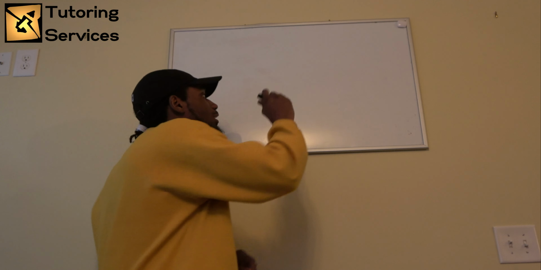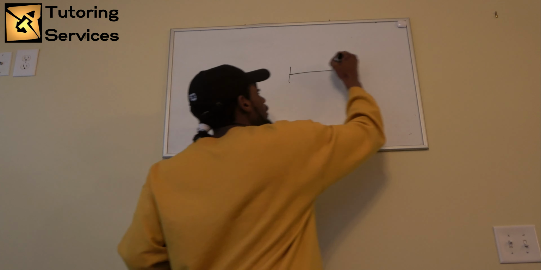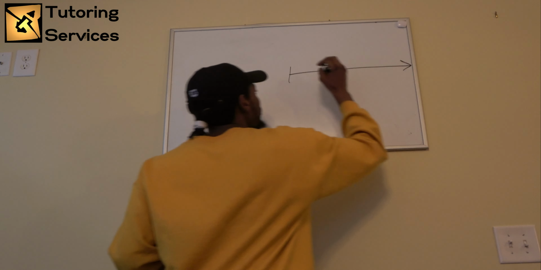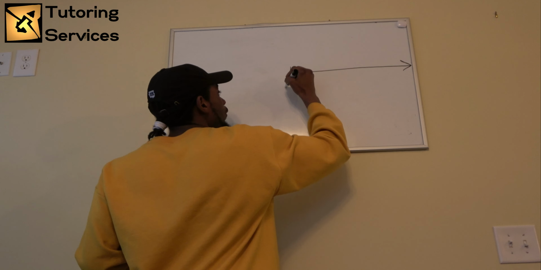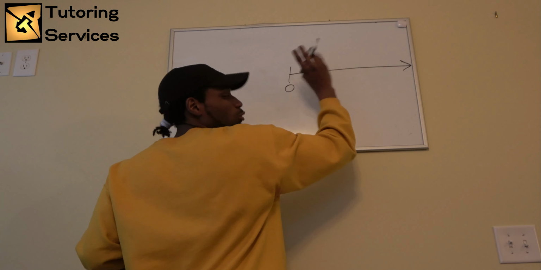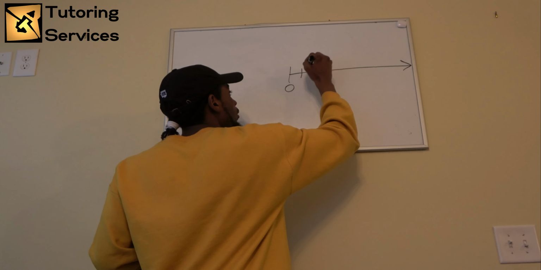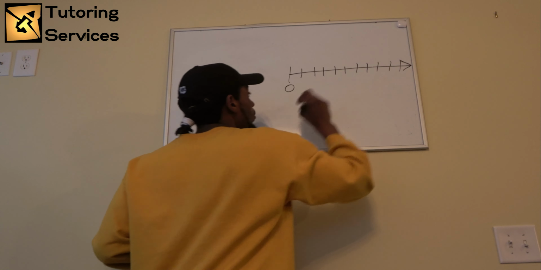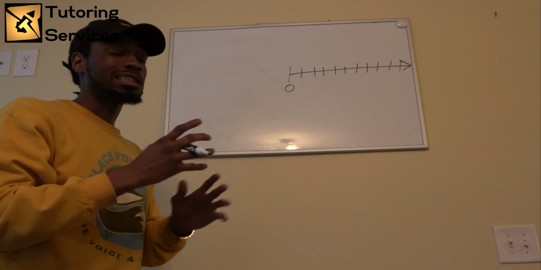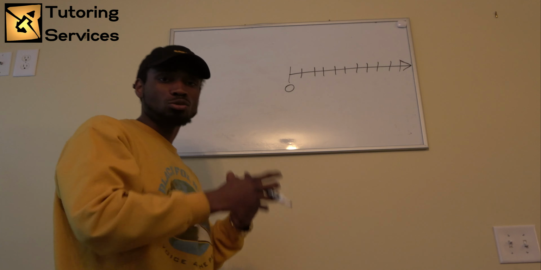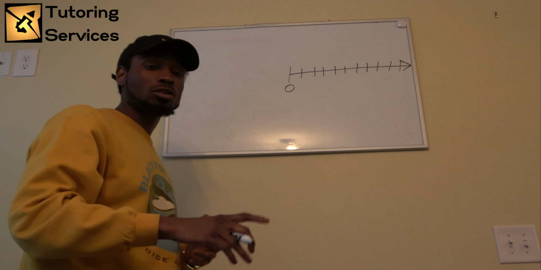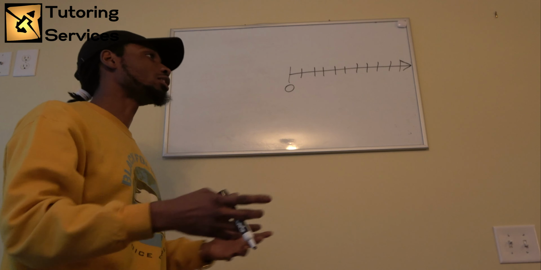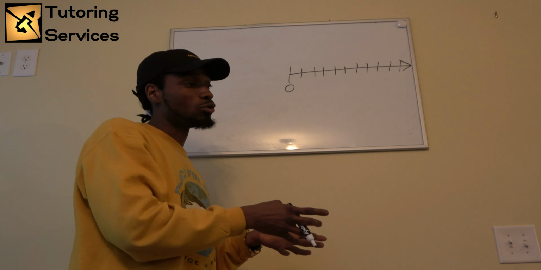Just in case you didn't see our addition video, we'll give you a brief overview. 1, 2, 3, 4, 5, 6, 7, 8, 9, 10. When it comes to understanding addition and subtraction, it's great to use number lines. It's also a good introduction and leeway into algebra.